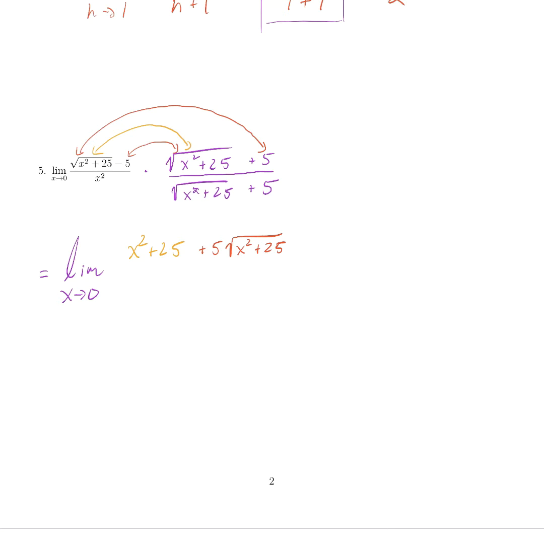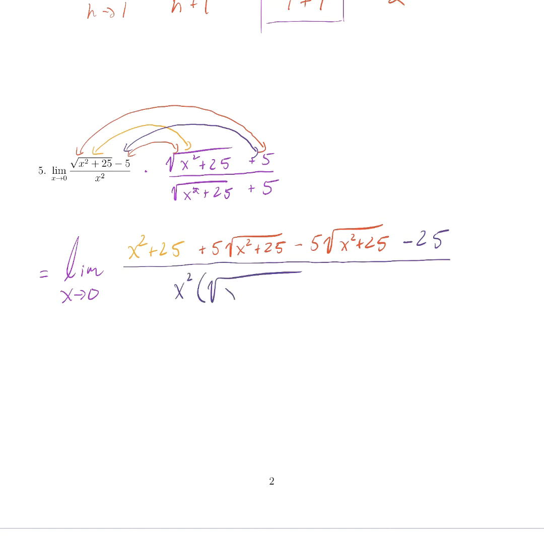So I'll put those in the same color, because that gets me minus 5 copies of the square root of x squared plus 25. And finally, the last product to handle is this times this, which gives me a negative 25. And we still have in the denominator x squared times the square root of x squared plus 25 plus 5.